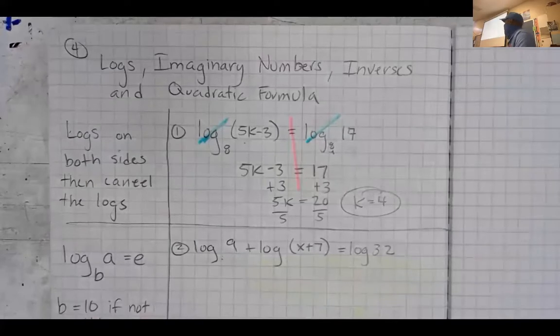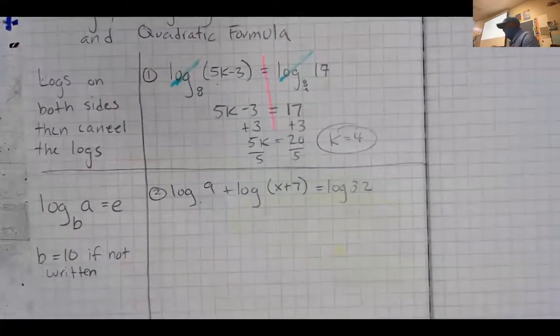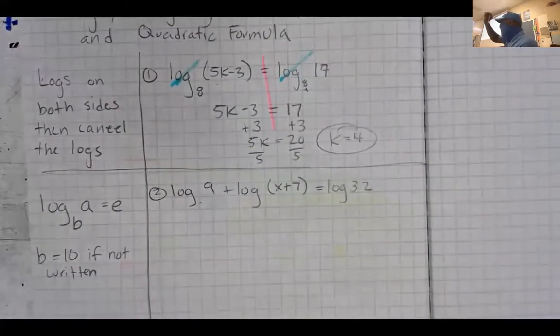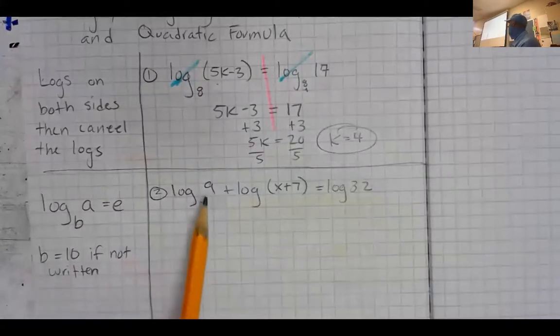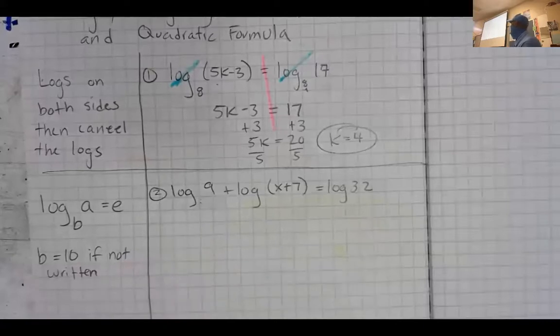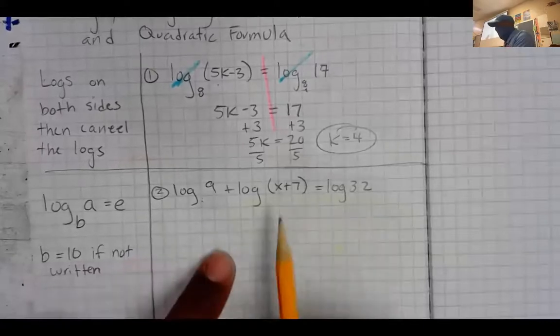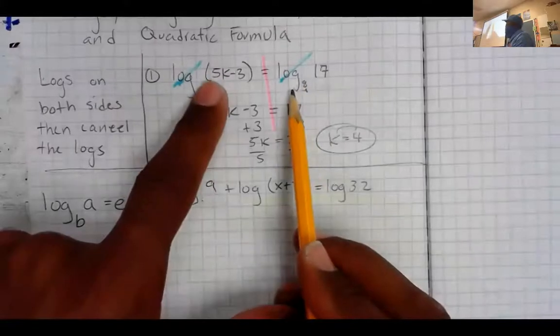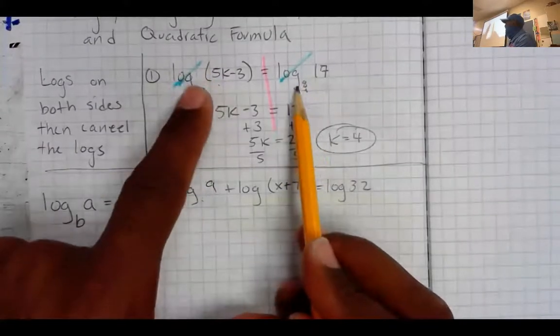Or a square root, that little number on the top is automatically a 2, we just don't write it in. So for logs, that number right there is automatically a 10. Now, like I said, we have to have only one log on each side in order to cancel them.